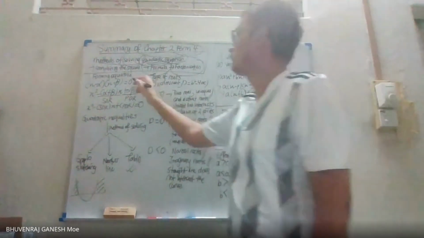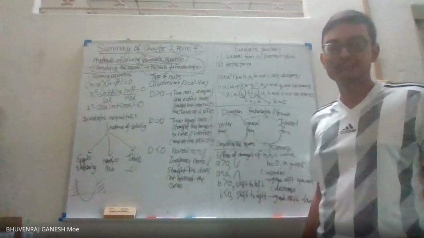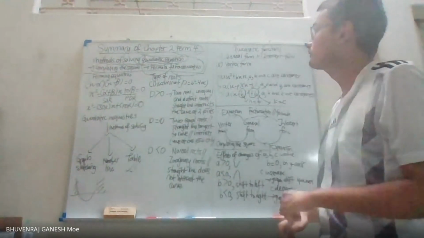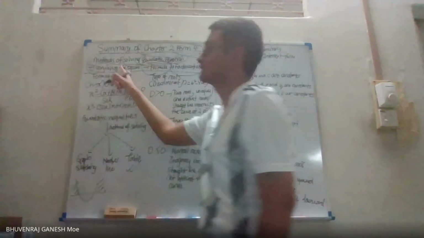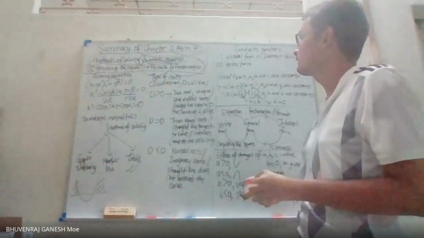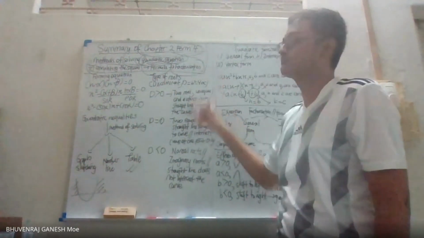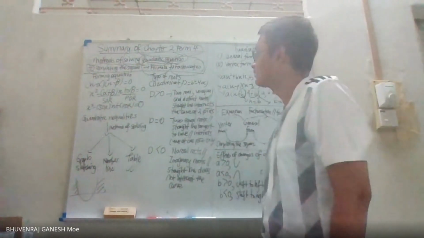But completing the square is something special for maths, an extra method. Usually the question will tell you to use completing the square, so focus on this one. The other two are general, you can use them when the question doesn't ask for a specific method.